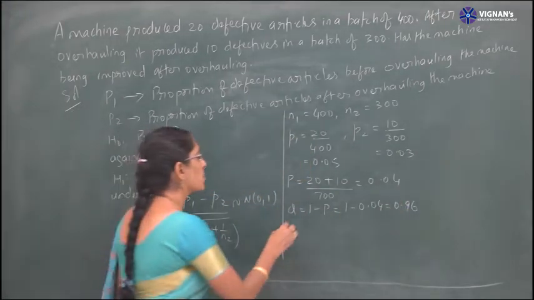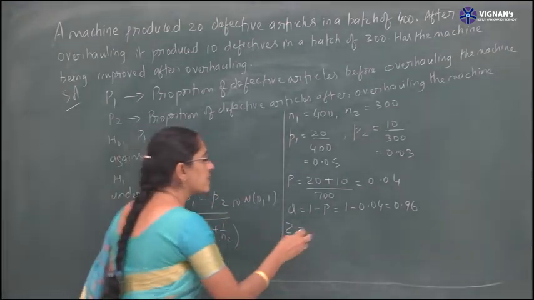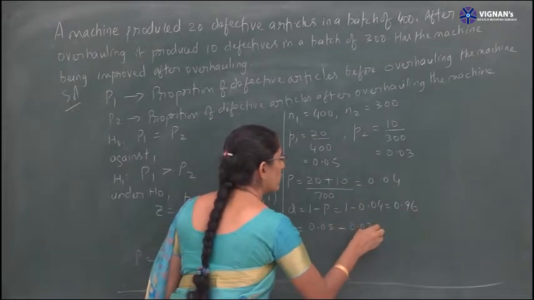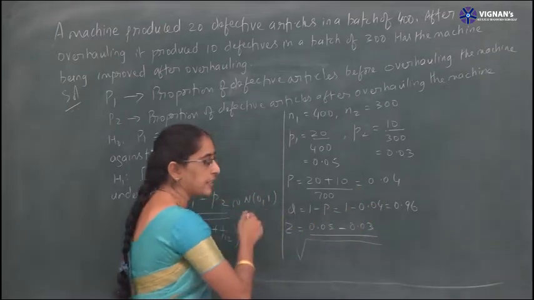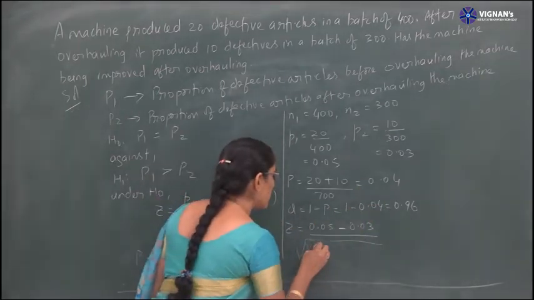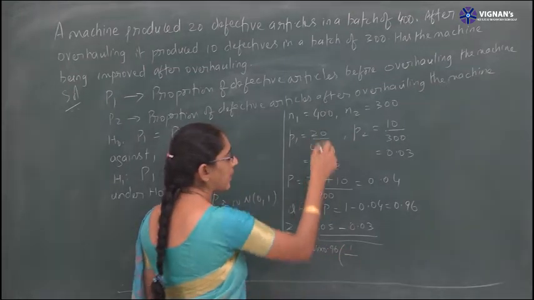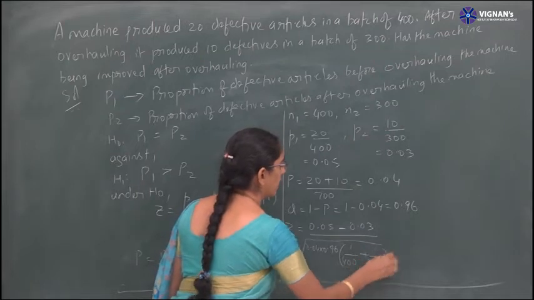Now substitute in the Z formula. Small p1 minus small p2 means 0.05 minus 0.03, divided by square root of capital P into capital Q, which means 0.04 into 0.96, into 1 by n1 which is 400 plus 1 by n2 which is 300.